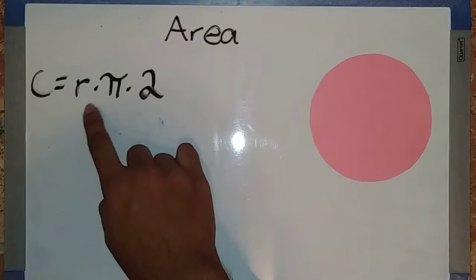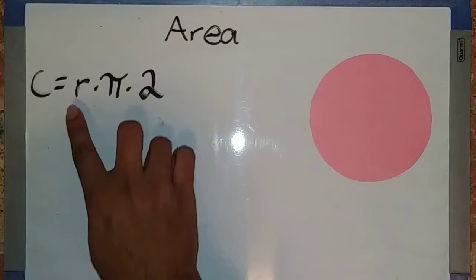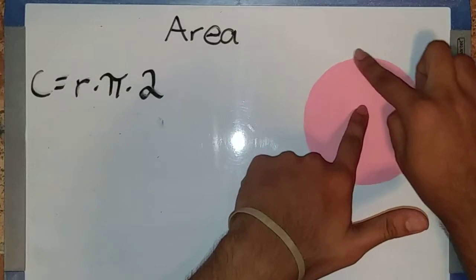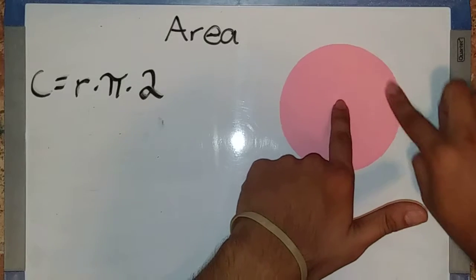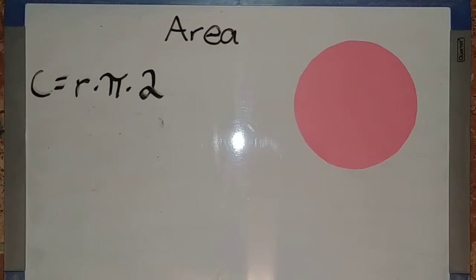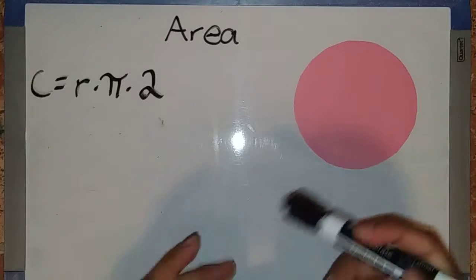So by multiplying it by the diameter or by the radius times 2, we find how much length is used around the circle.